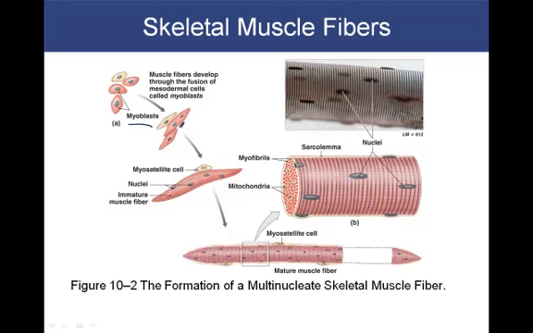And as they fuse, they start to develop a structure that is called a muscle fiber. And for all intents and purposes, we can consider this muscle fiber just the mature muscle cell. They're just slightly different from a regular cell in that they contain multiple nuclei.